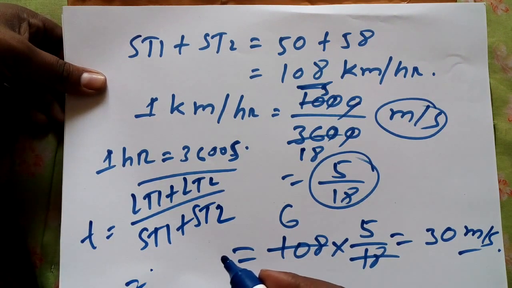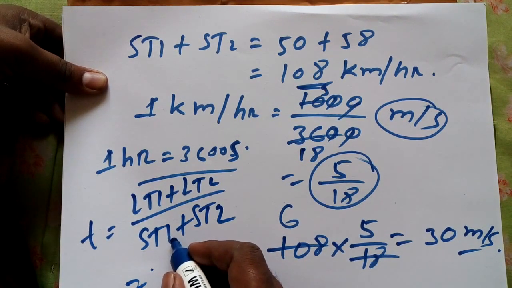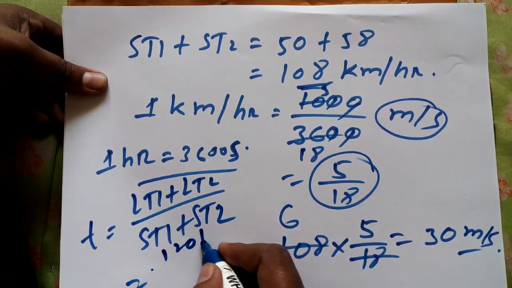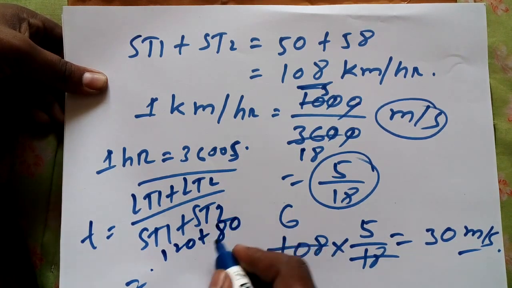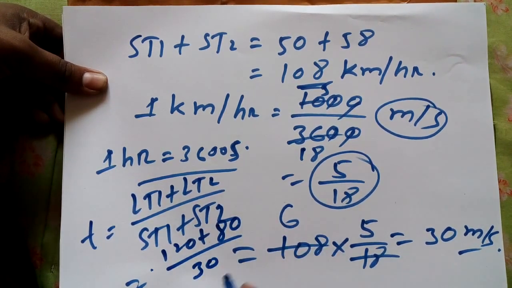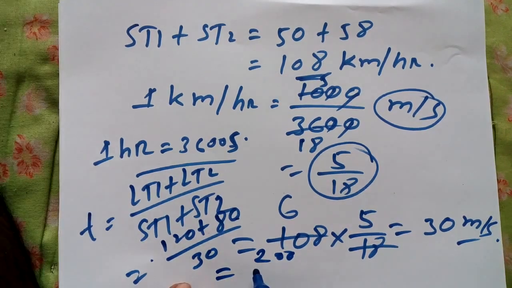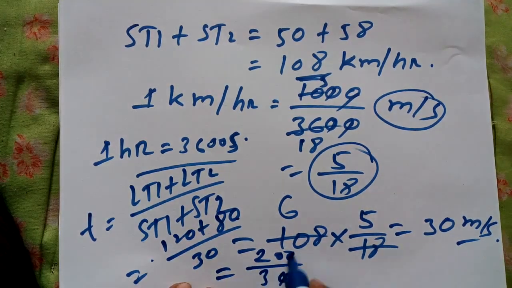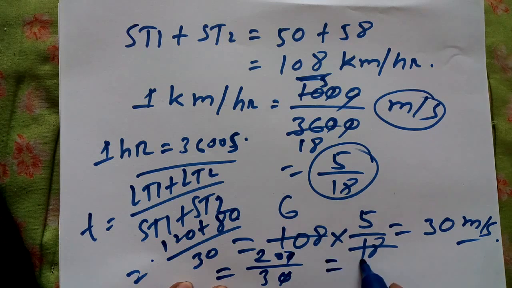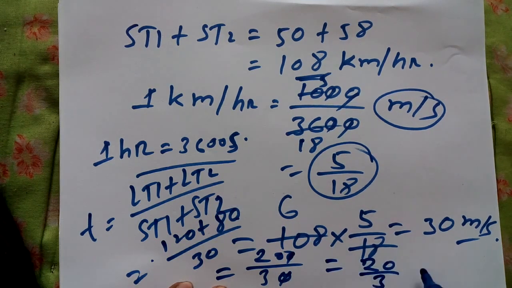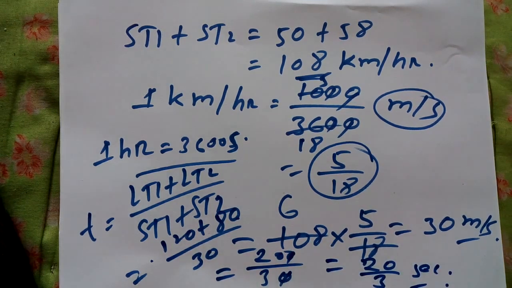This is equal to 120 plus 80, that is 200, divided by 30. Cancelling, this would be 20 upon 3 seconds, that means around 6.66 seconds. So this is the answer for this question.